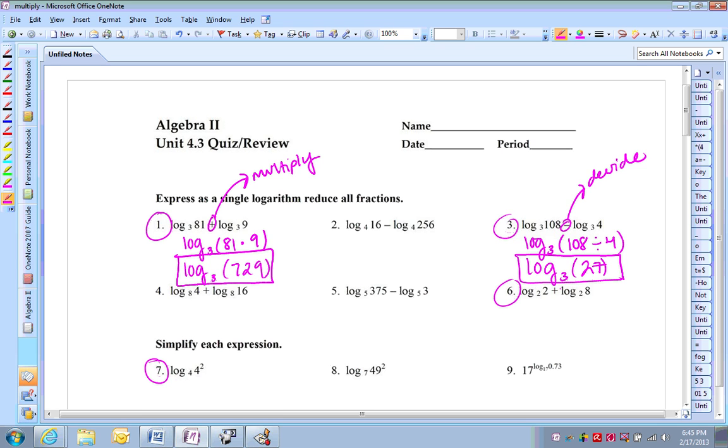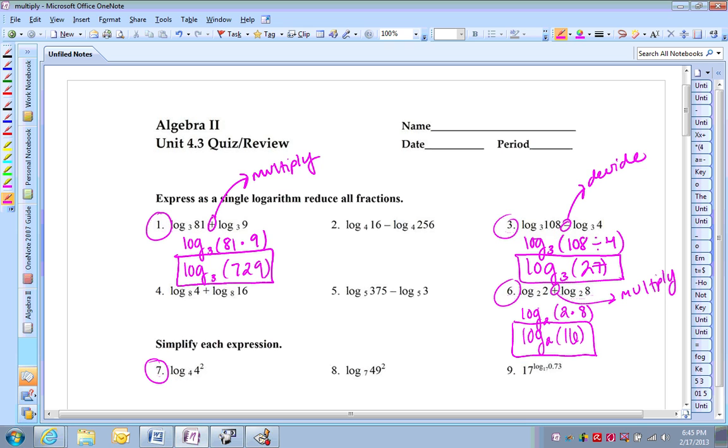Alright, and now on number 6, we are adding two logarithms with the same base, so we multiply the numbers. And it becomes log base 2 of 2 times 8, or log base 2 of 16 is my final answer.